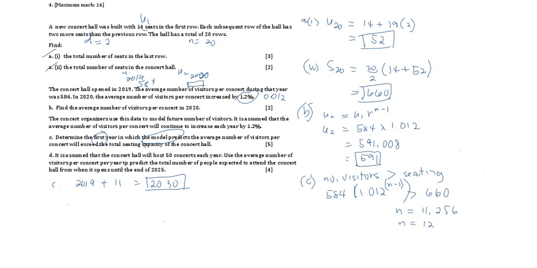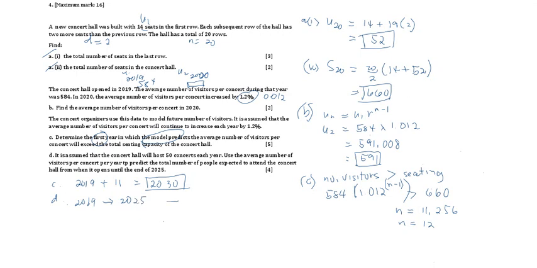In letter D, it is assumed that the concert hall will host 50 concerts each year. Use the average number of visitors per concert per year to predict the total number of people expected to attend the concert hall from when it opens. So we know it opens in 2019 until 2025.